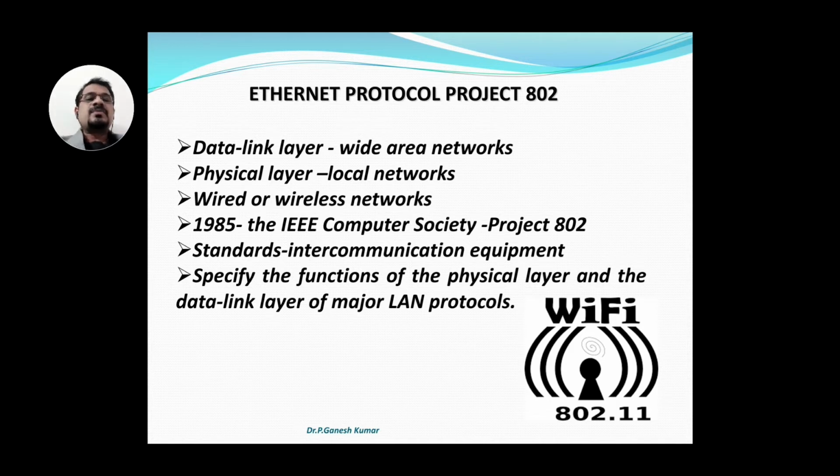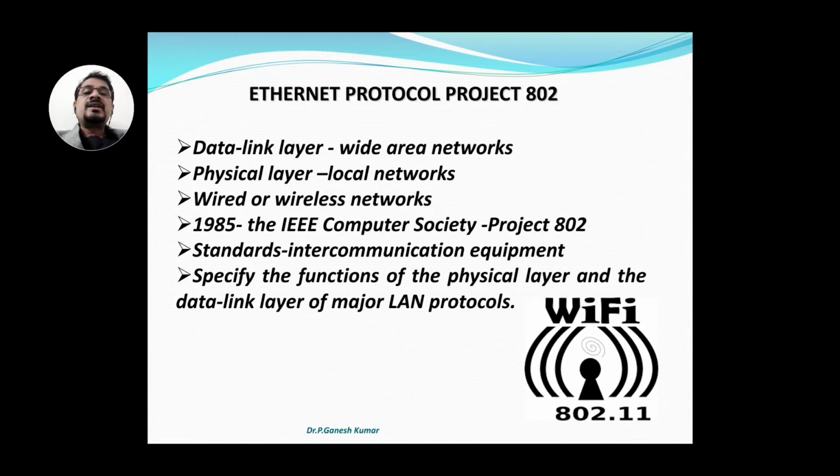This project 802 defines only the physical and data link layers, because these two layers play the major role whether it is a local network or a gateway to a wide area network, so that any data communication goes to the internet via these two layers only, either in a wired or wireless domain.